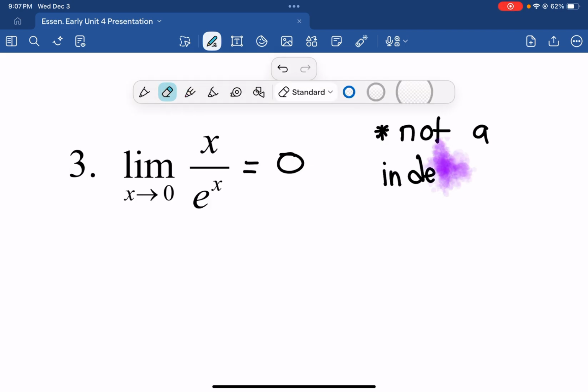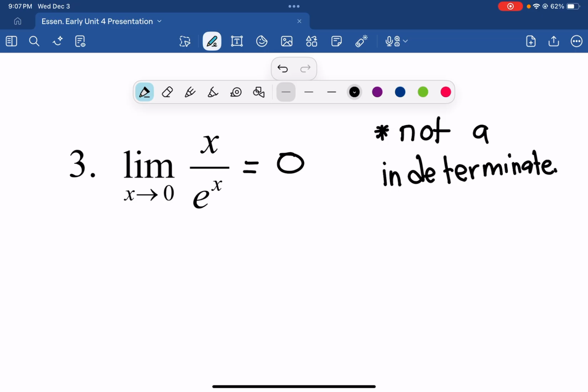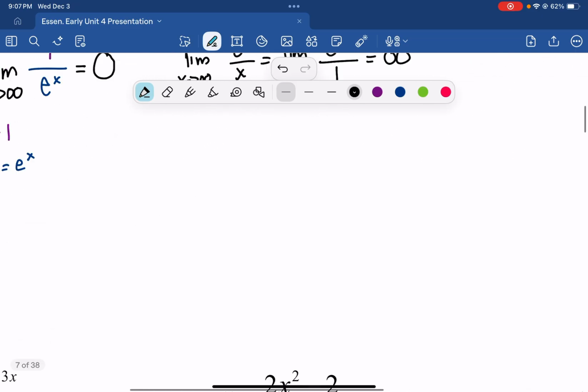So not indeterminate. We just plug in the values and go from there.